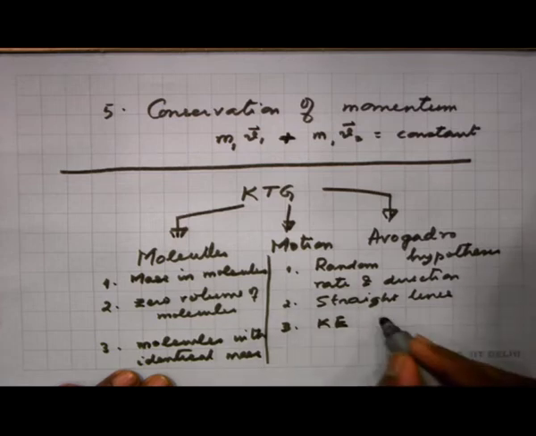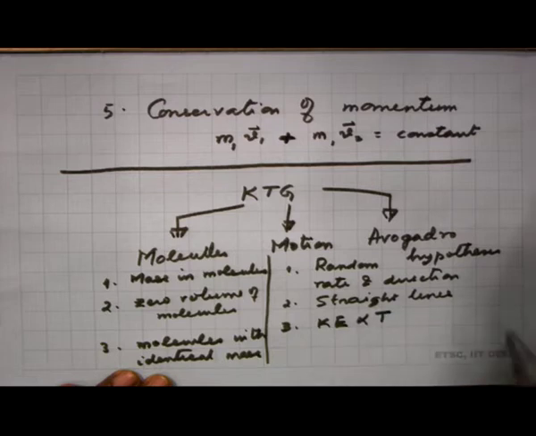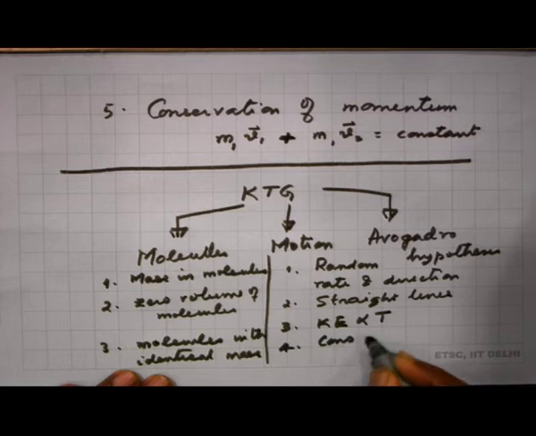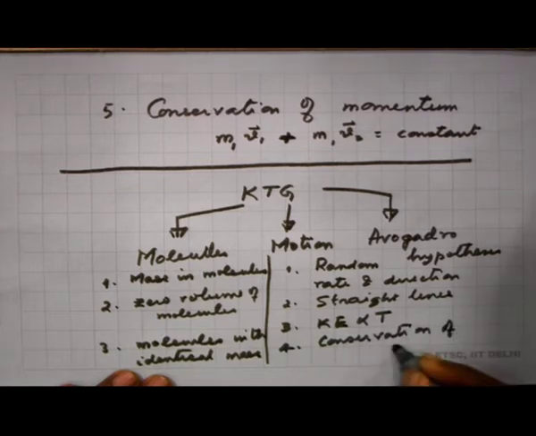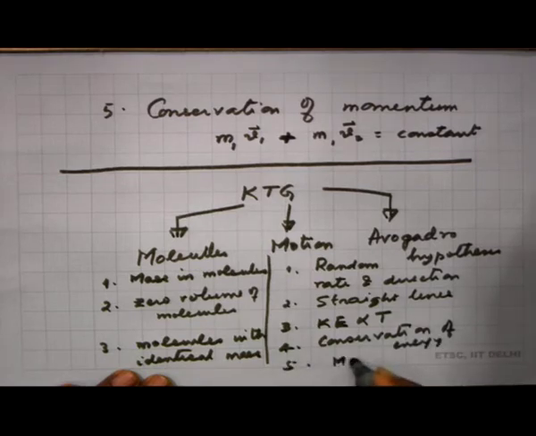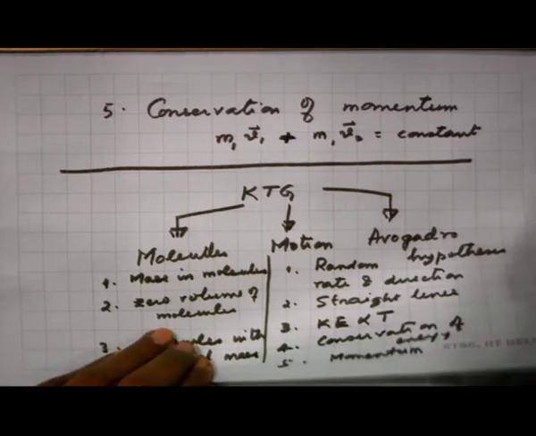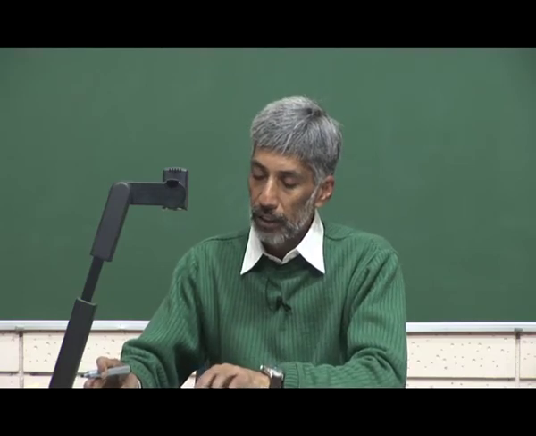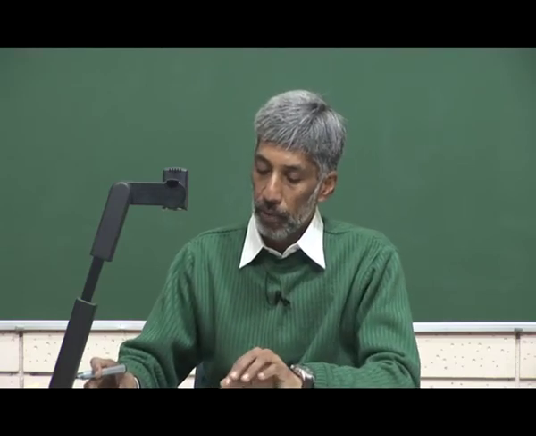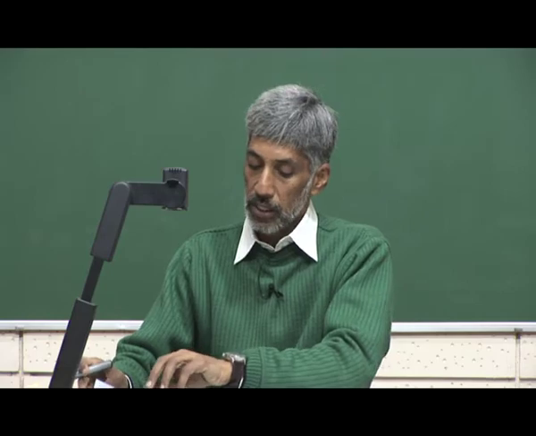So, kinetic energy is proportional to temperature. And the fourth one is conservation of energy, and the fifth, of momentum. So, that in a sense should give you a way of easily remembering the different parts of the kinetic theory of gases.